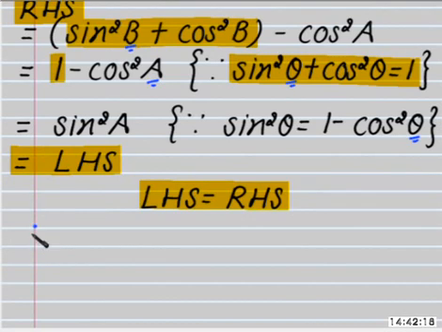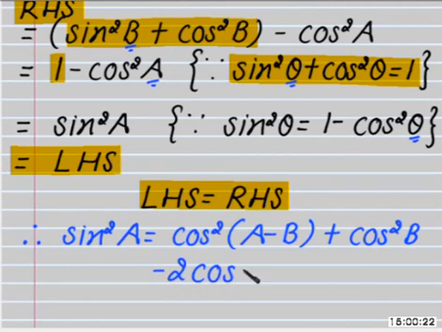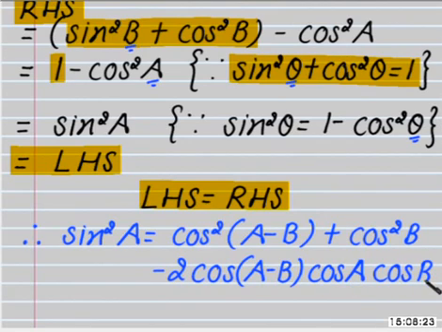Therefore we can say that sin square A is equal to cos square of A minus B plus cos square B minus 2 into cos of A minus B into cos A into cos B.